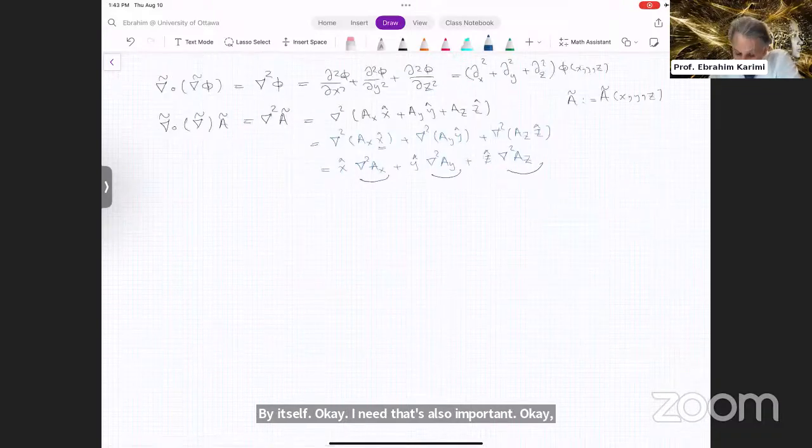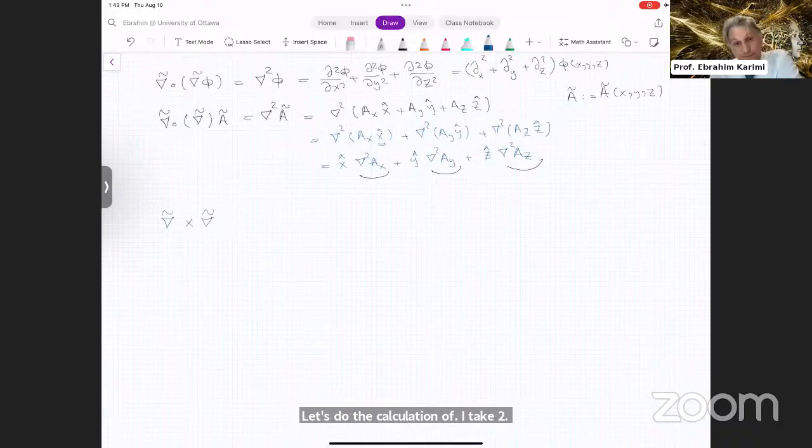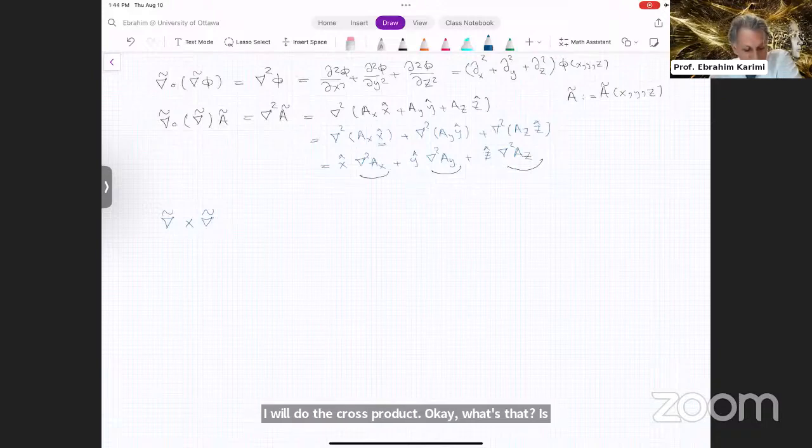Let's go with another example. Let's do the calculation where I take two gradients, and I will do the cross product. Okay, what's that? Is it a scalar, is it a vector, is it what?